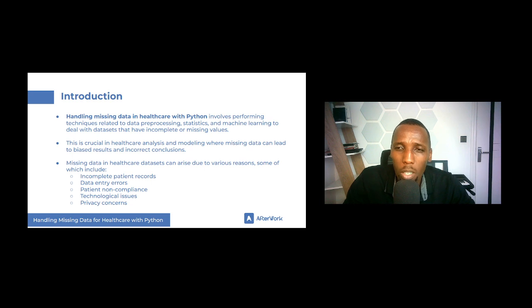For example, you could have a data set that has missing values for the age column, and you might not be able to answer research questions such as what was the average age of the patients within your institution. So in such a situation, if you have missing values within the data set that you rely on to answer that research question, then you would end up getting incorrect conclusions.